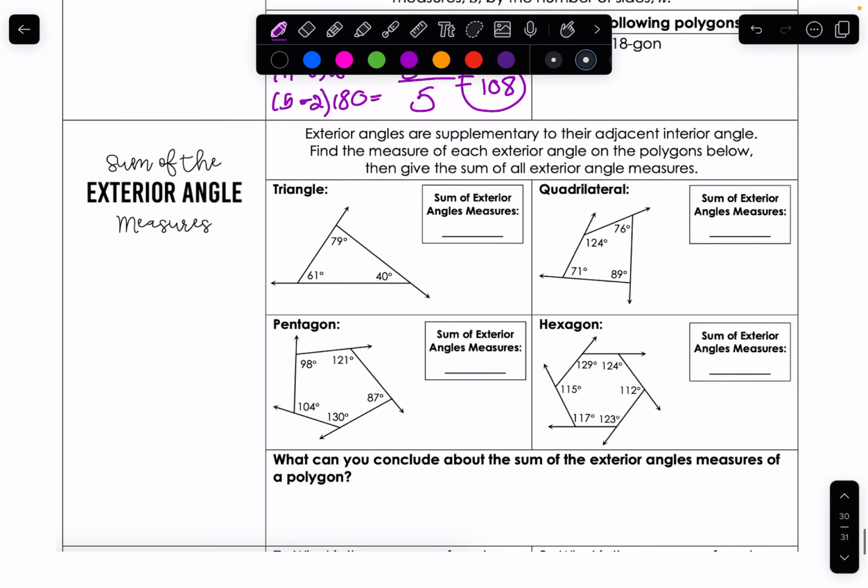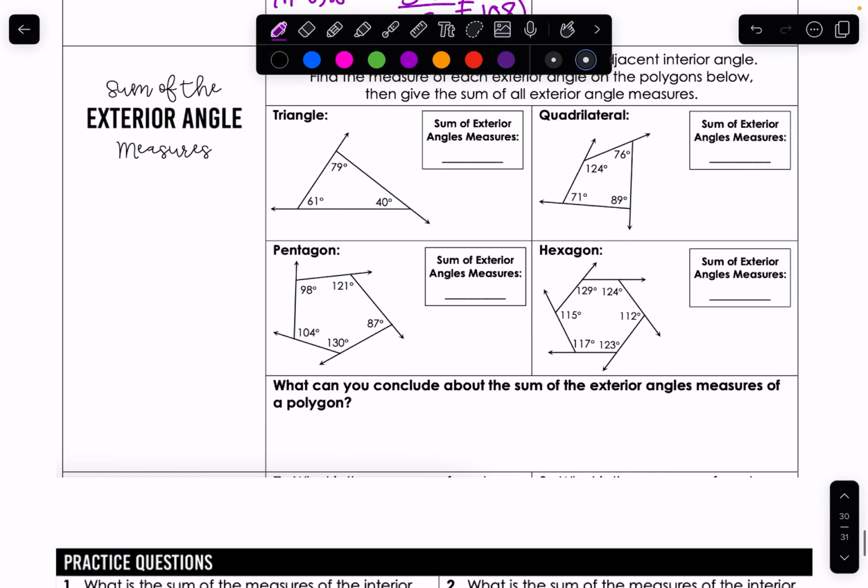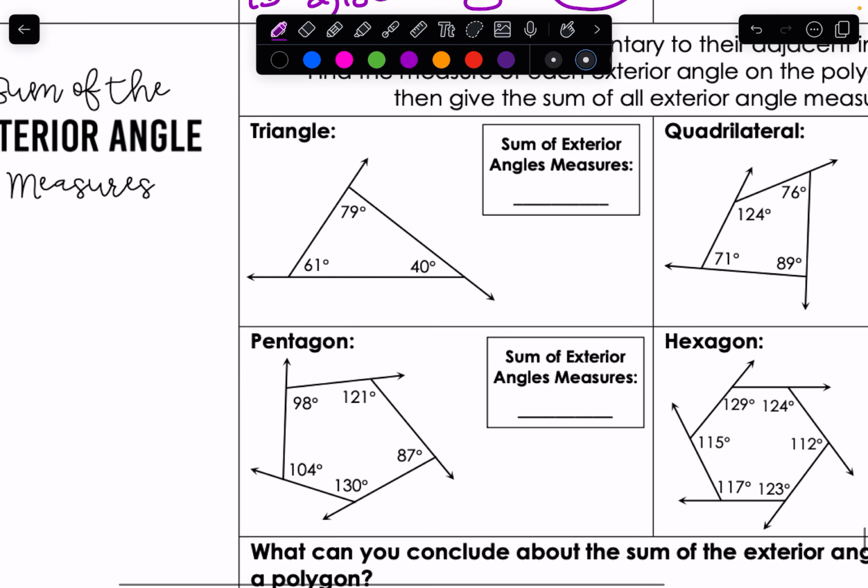And then finally for the exterior angles, what you'll be able to notice is that each of these is a pair of supplementary angles. The exterior angles that we're talking about are these. If I go through and solve 180 minus 79, this one is 101. 180 minus 61 is 119.